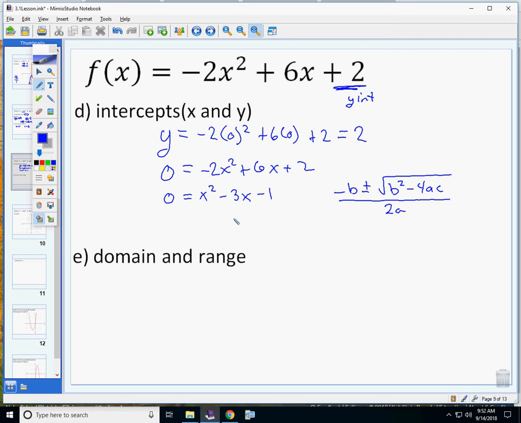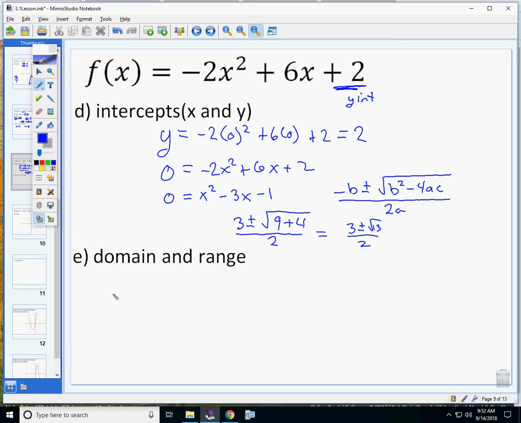We've got negative 3, so that would be 3 plus or minus the square root of 3 squared, so that's 9, and then minus 4 times a times c, so that would be plus 4, and that whole thing is divided by 2 times a, which is 2. So we would have 3 plus or minus the square root of 13 all over 2. So 3 plus square root 13 and 3 minus square root 13, those answers divided by 2.